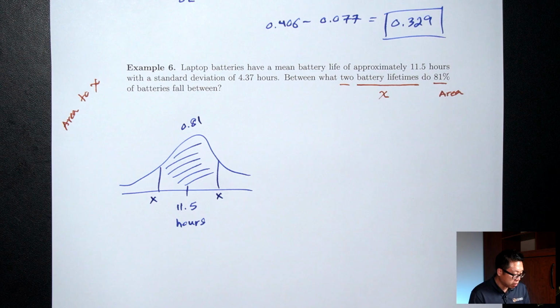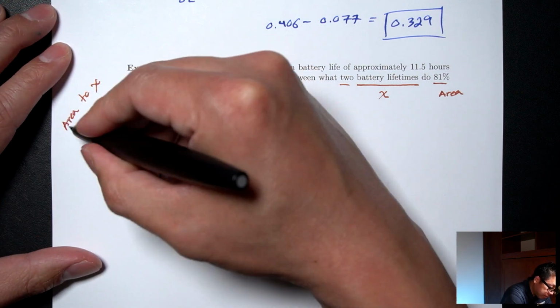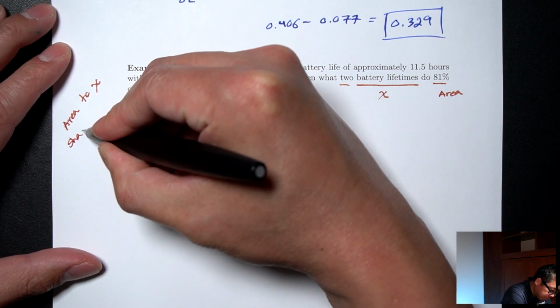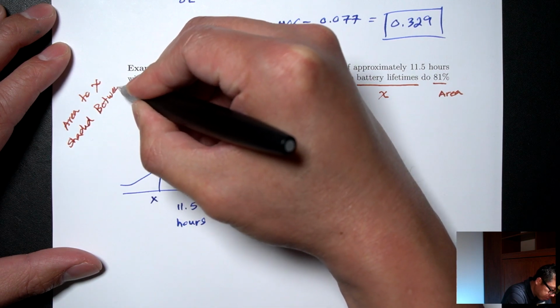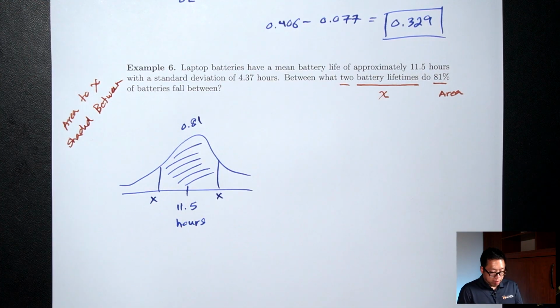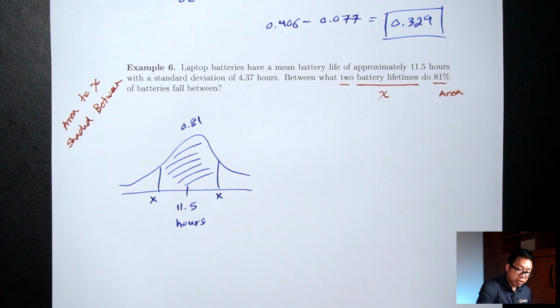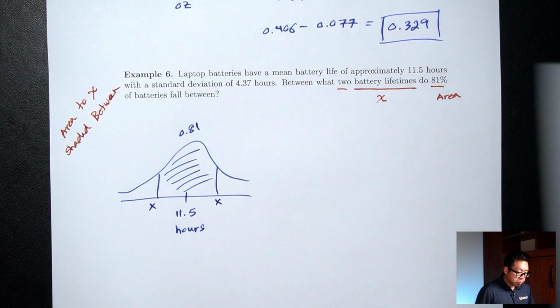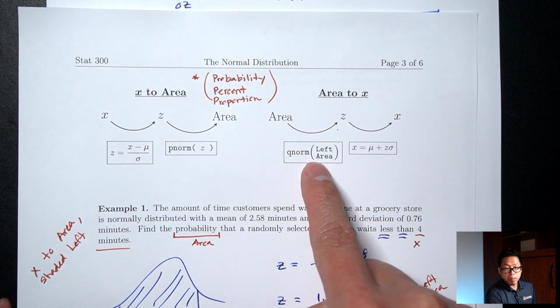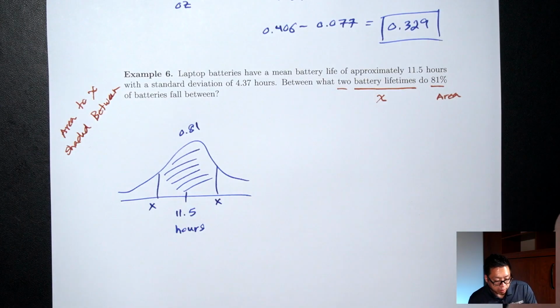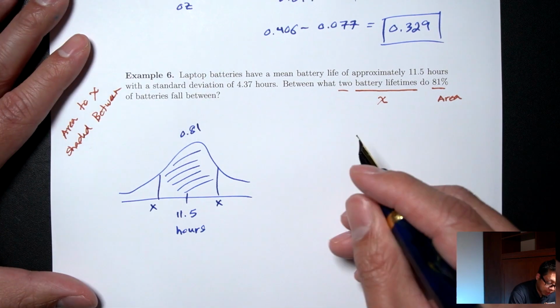This is an area to x, shaded between. For an area to x, our first step is to Q norm the left area.